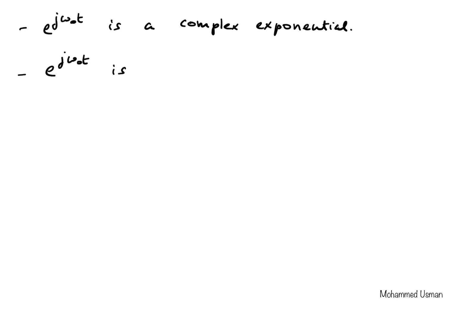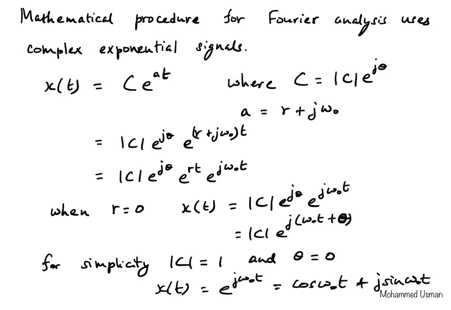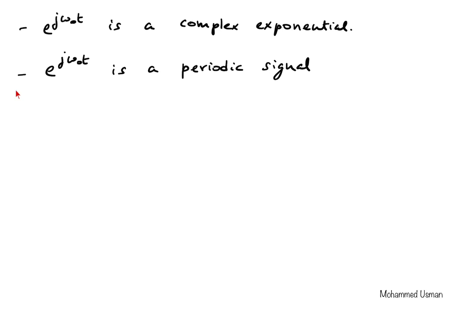So e power j omega naught t is a complex exponential, and it is a periodic signal. From Euler's relationship, we see that the real part of e power j omega naught t is a cosine waveform, and the imaginary part is a sine waveform.